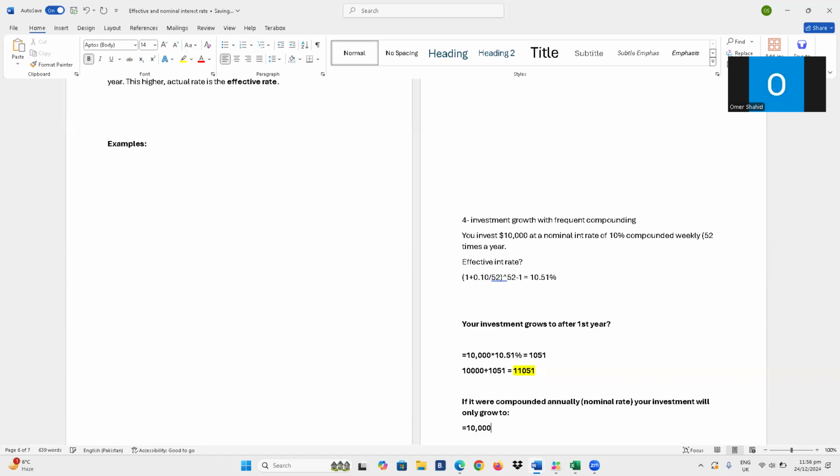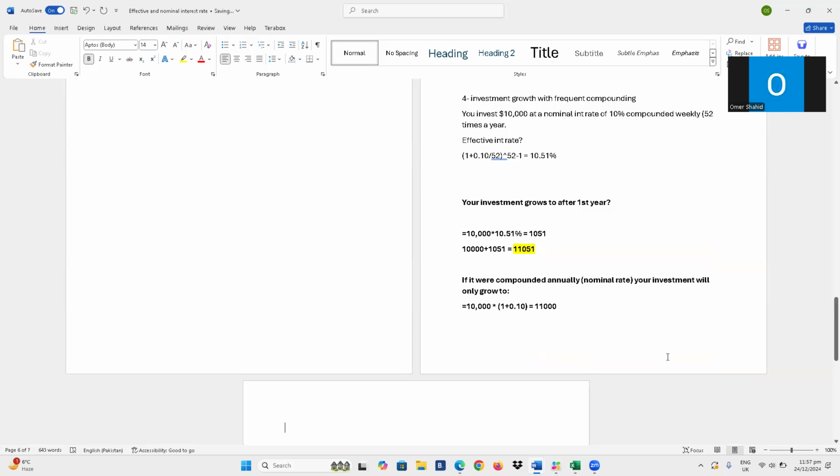10,000, which is our principal amount. We just need to multiply this with 1 plus our interest rate, 0.10, the nominal interest rate. Just do this on a calculator and you will get the amount 11,000. There is no specific formula, but you can use this way: principal amount into 1 plus r.